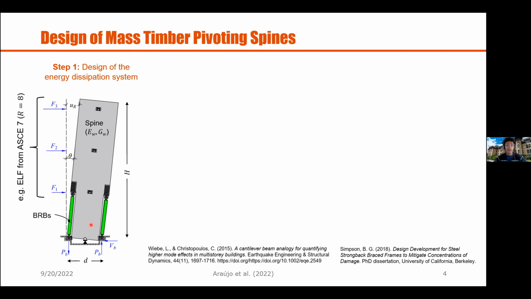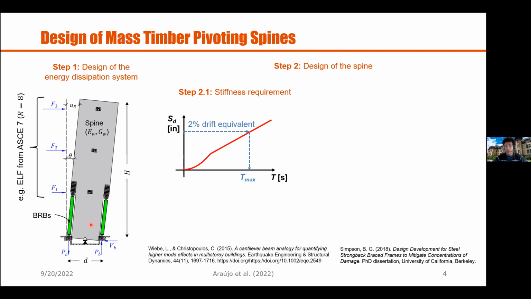Once we have designed the energy dissipation system, we proceed to design the spine, and we do that in two sub-steps. The first one is a stiffness design. We use a displacement-based design approach using the design displacement response spectrum, and we find the maximum period that the spine system should have to limit story drift to 2%.